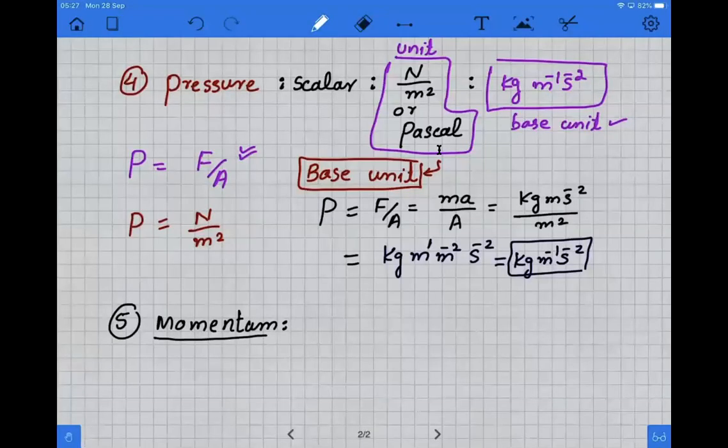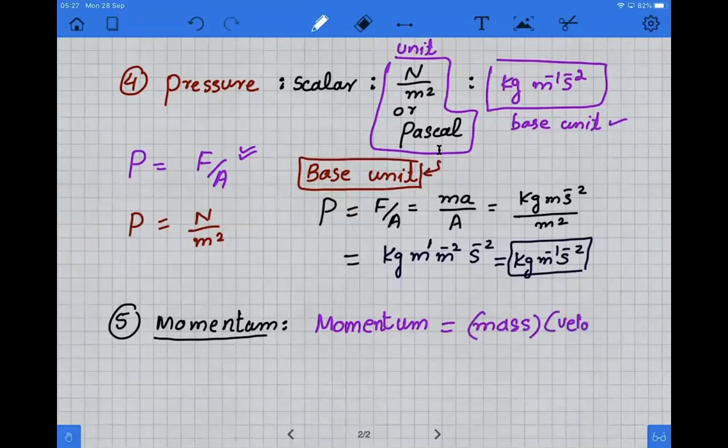So momentum is the product of mass and velocity. This is the exam definition of momentum. Basically, momentum is the measure of the amount of damage that an object has a potential to cause. So momentum is the product of the mass of the object and the velocity of the object.